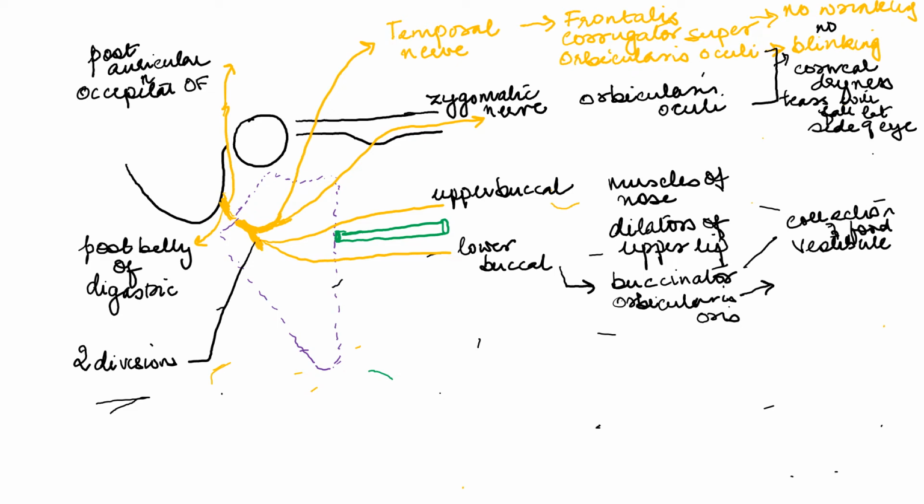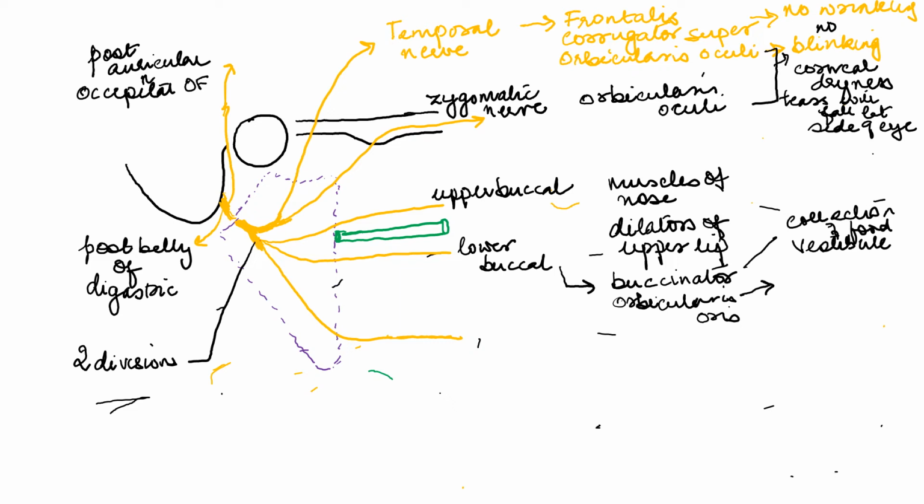Then comes the next nerve, which is the marginal mandibular nerve. Now with this nerve, I will do certain things which are very important. Since you are not with us, we cannot show you right now, but I will tell you so that when you come here you are able to see this.